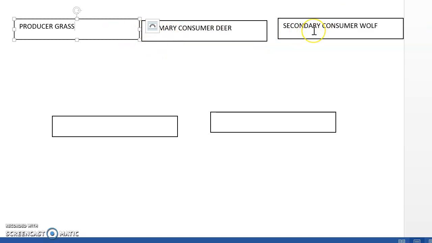Then secondary consumers is your wolf. It eats your deer. There's another 10% energy loss from the deer's energy to the wolf's energy. And your wolf is at the top of his food chain here. So he would be your tertiary. Your deer would be your secondary. And then, of course, your grass is your producer at primary over here.